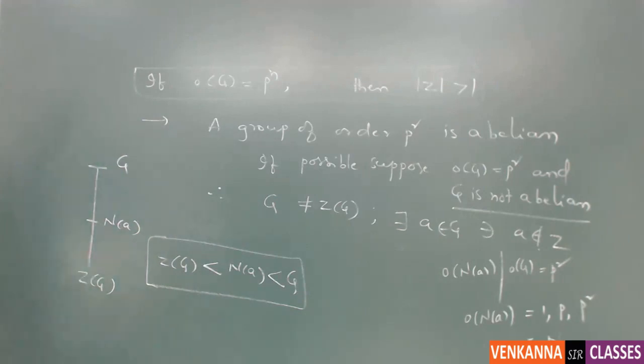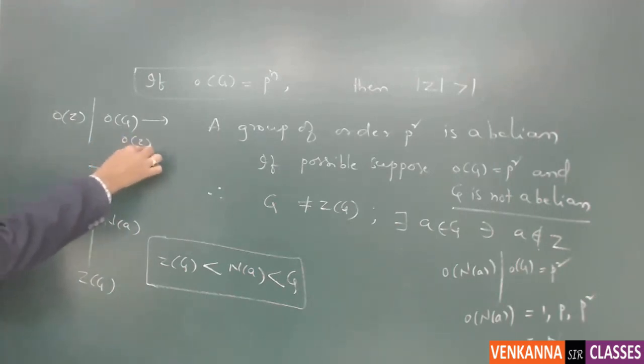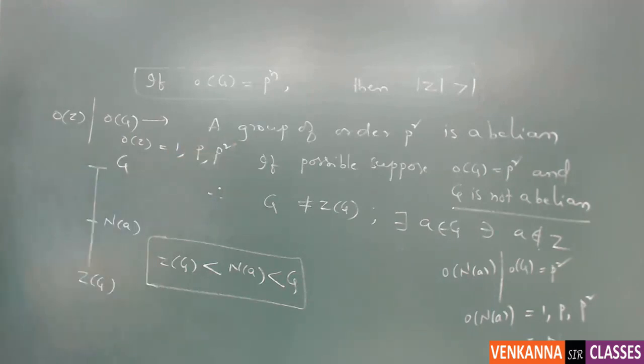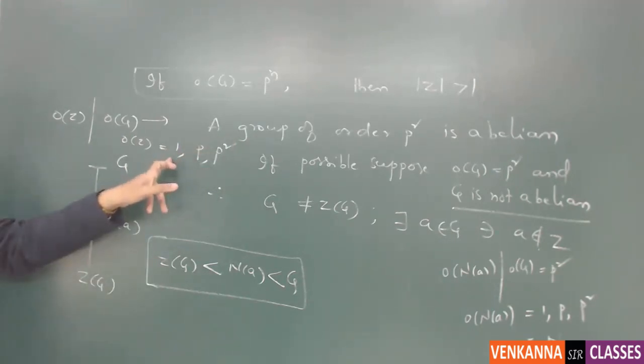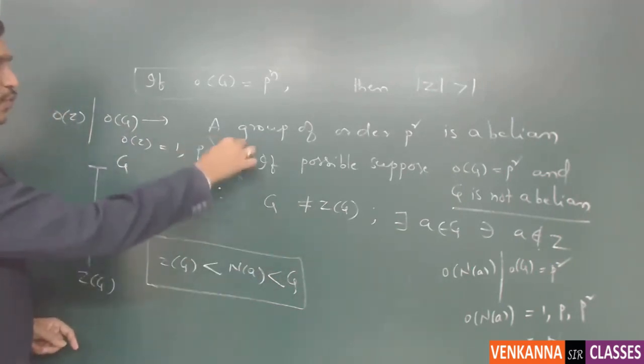Right. Also, order of Z divides order of G because this is also a subgroup of G. So if you consider order of Z, it must be either 1, P or P square. Any one value should come here. Since these two are different, this case won't happen.